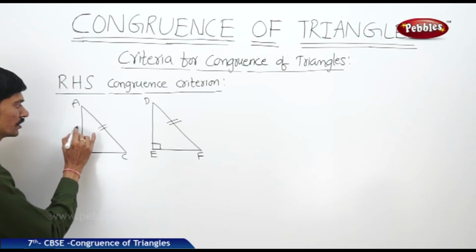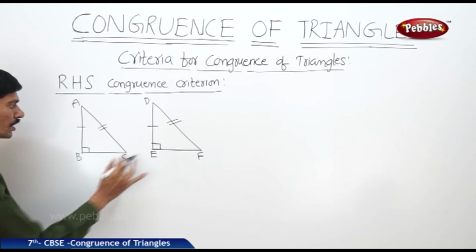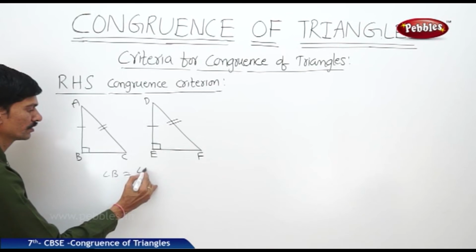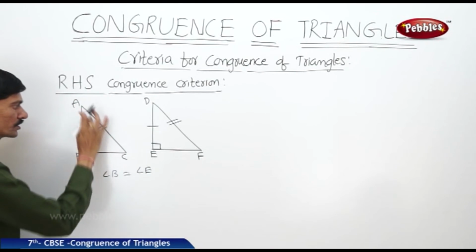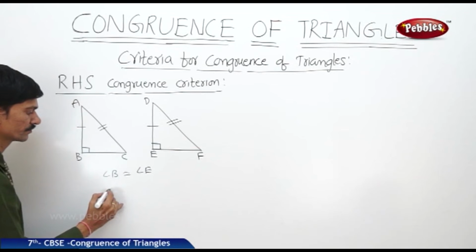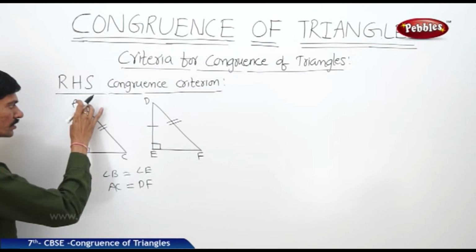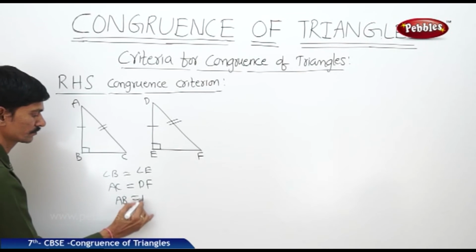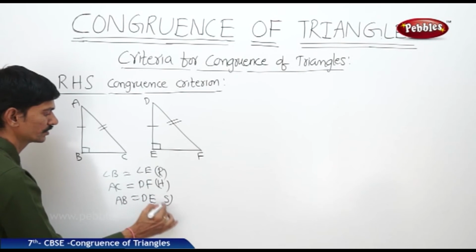So we can say that AB equals DE. Now in these two triangles, angle B equals angle E, both right angles, and hypotenuse AC equals DF. Then the side AB equals DE. So right angle, hypotenuse and side.